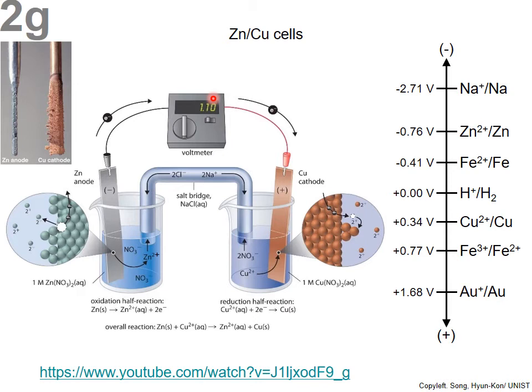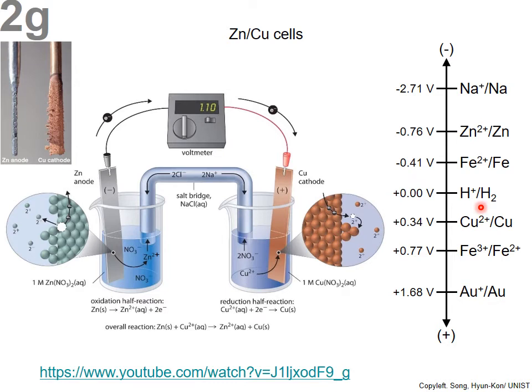Then you could observe some electron flow. What happens there? As you expected, zinc is converted into zinc 2+ because the zinc 2+/zinc species has a more negative reduction potential than copper 2+/copper. So zinc is trying to donate its own electrons to copper 2+.